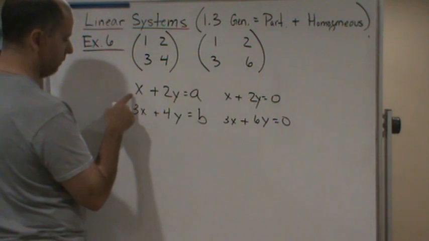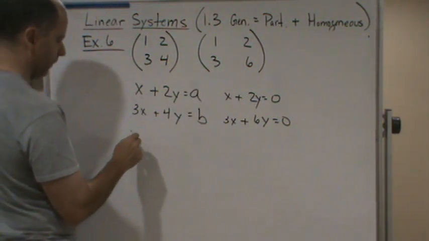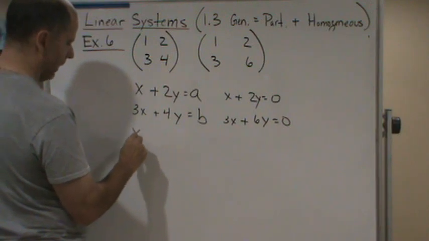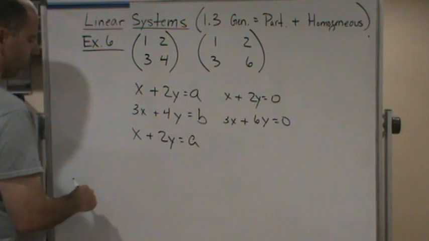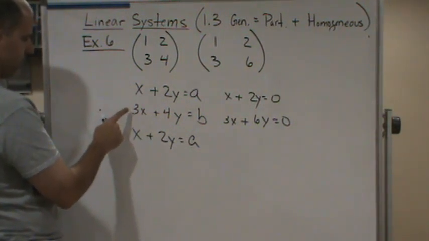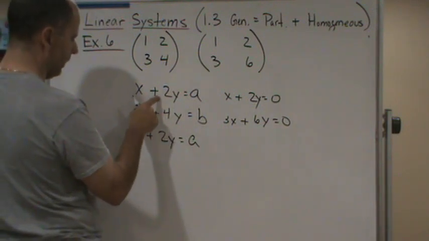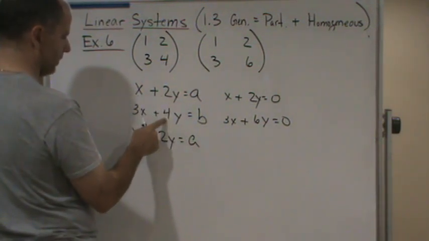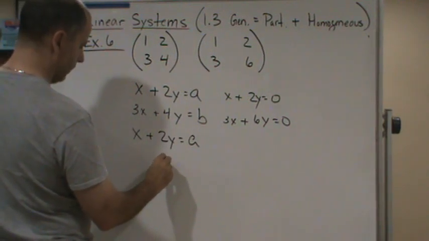So if I take -3 times the first row and add it to the second row, what do we get? Well, we get x plus 2y is equal to a, and of course -3x plus 3x equals 0. -3 times 2 is -6 plus 4y, so that's going to give us -2y.